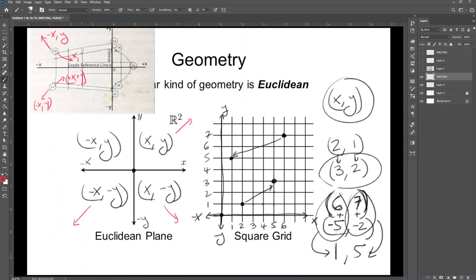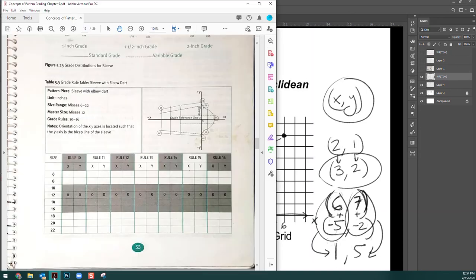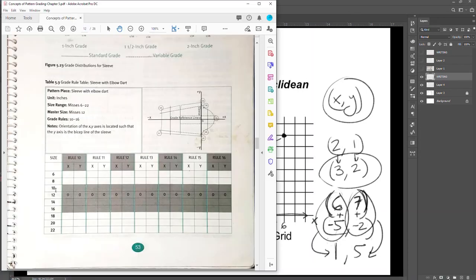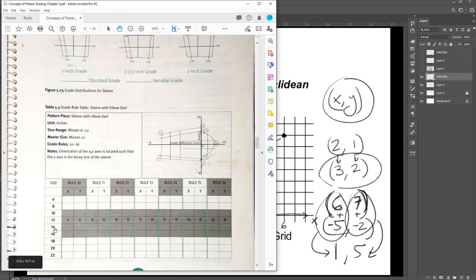So the opposite would be true in the other quadrants, right? If your point is in the lower right-hand quadrant, things getting smaller are going to be -x, +y, and things that are getting bigger are going to be +x, -y. So you just need to use your logic in order to make sure that things are moving the way you expect them to move.